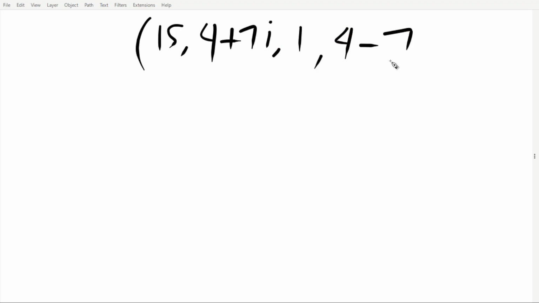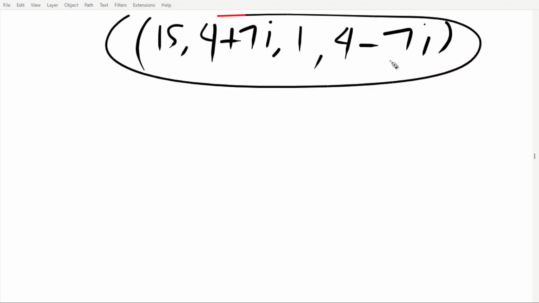First is simply take reciprocal of all omegas. Second, only at the final step divide the result by n, where it is 4. So now we take our original vector 15, 4 plus 7i, 1, 4 minus 7i. This is our original vector.